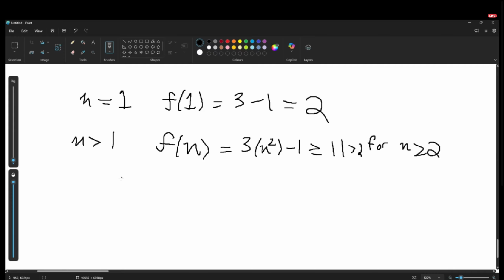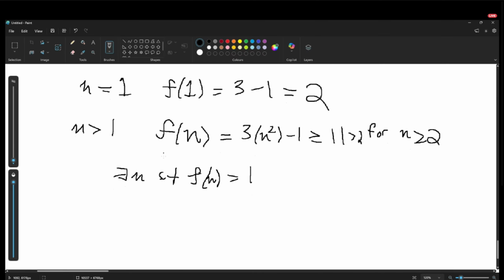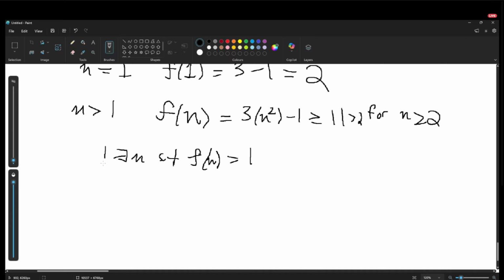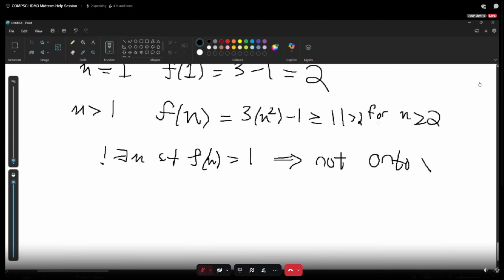Therefore, there does not exist an n such that f of n equals 1. That implies that it's not onto.